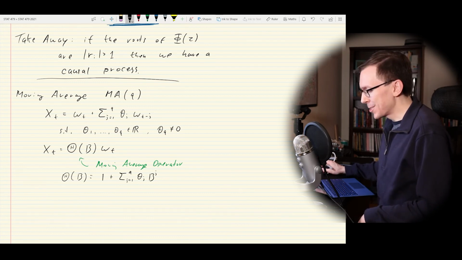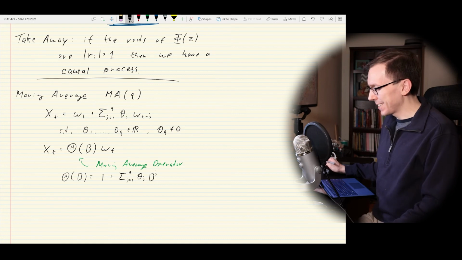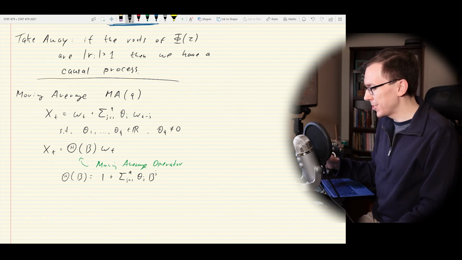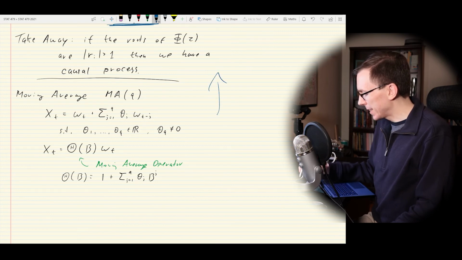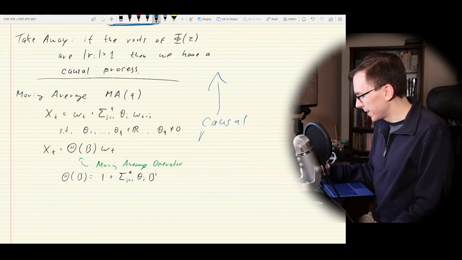And yet again, we run into another uniqueness problem, much like the causal, non-causal issue above. Up here, for the AR process, we had the problem of causal versus non-causal.